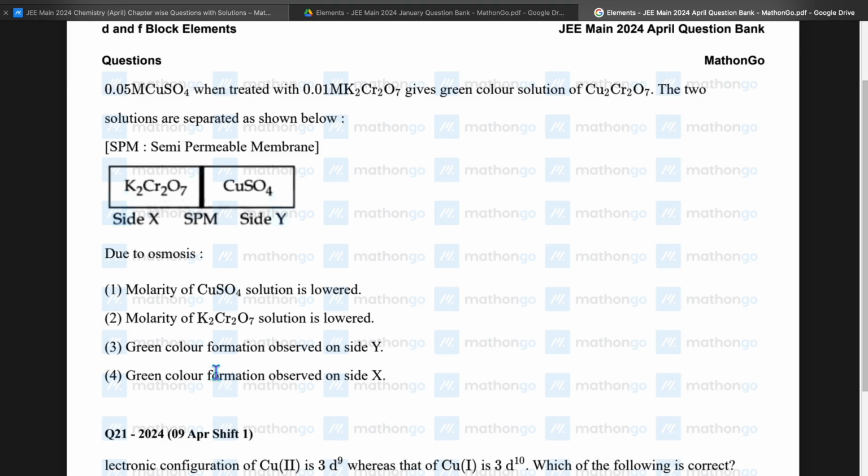Only solvent particles move. But solvent ఇక్కడ నుంచి ఇక్కడికి వస్తుందా, ఇక్కడ నుంచి ఇక్కడికి వస్తుందా చెప్పాలి. Solvent always moves from low concentration to high concentration, yeah, low molarity to high molarity, right? Otherwise higher water potential to lower water potential. So least concentration K2Cr2O7 ఉంది కాబట్టి దీని నుంచి ఇటువైపు solvent వస్తుంది.